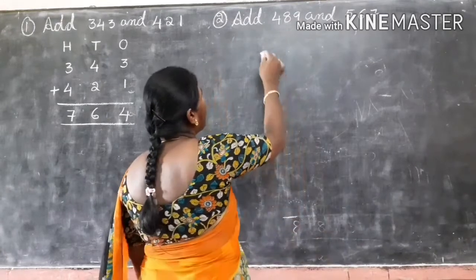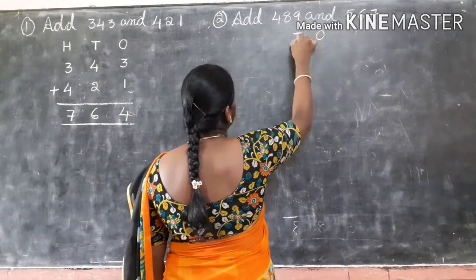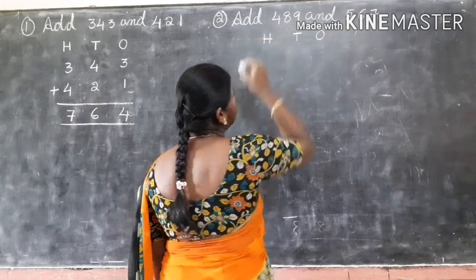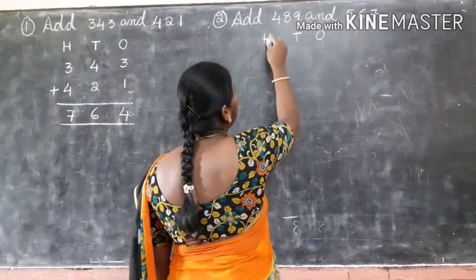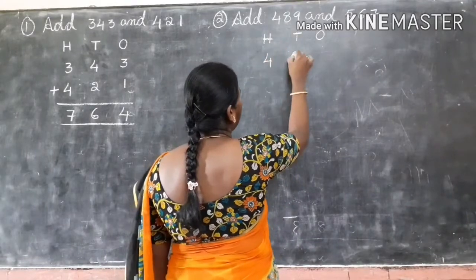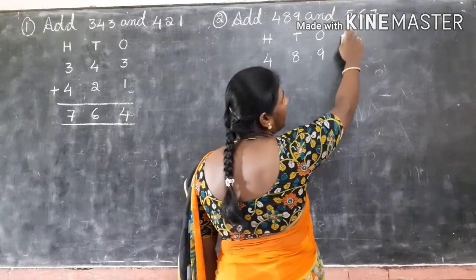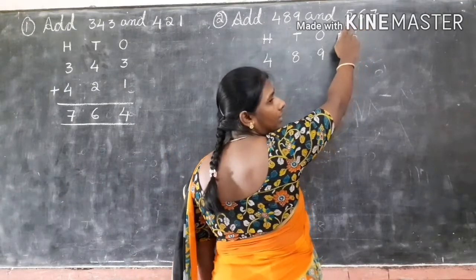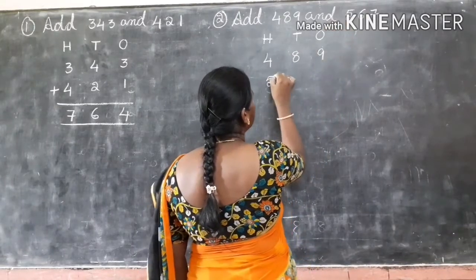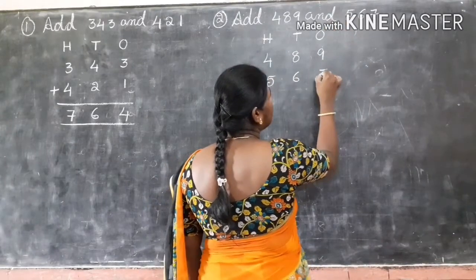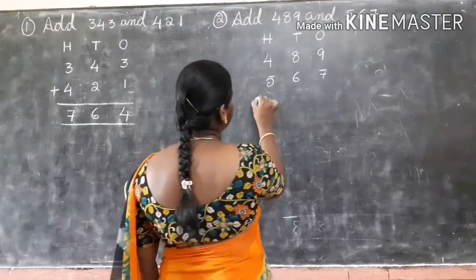So we write the place values: ones, tens, hundreds. First number 489. Second number also has place values ones, tens, hundreds, and starts from the hundreds place too. So we write 5, 6, 7. Now add these two.